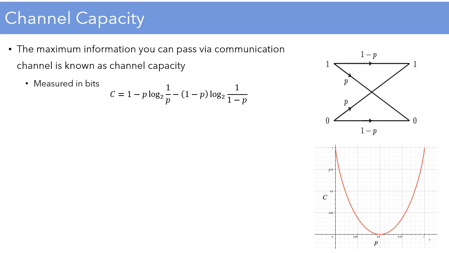But as P goes to 0, which means Y is equal to X, you achieve the 1 bit, which is the capacity of this channel, because you are sending 1 bit here. So you should be able to receive the complete bit. That's how much information you can pass. And for other values of P, there is a particular value which you can compute from this.